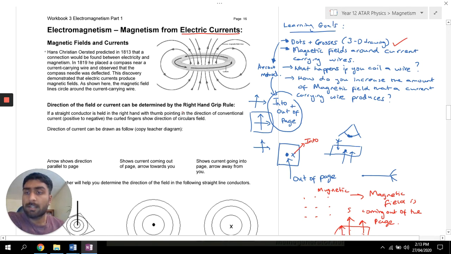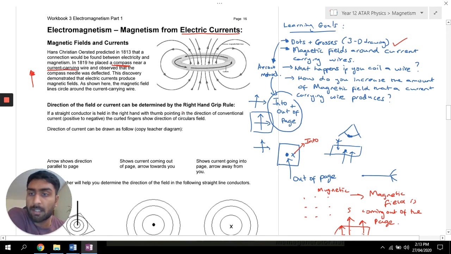So it turns out that Hans Oersted predicted in 1813 that a connection would be found between electricity and magnetism. In 1819, he placed a compass, which is a magnetic object, near a current-carrying wire, and he observed that the needle was deflected. The only thing that can deflect a north-south needle is a magnetic field. So he deduced that this current-carrying wire must have a magnetic field of its own.